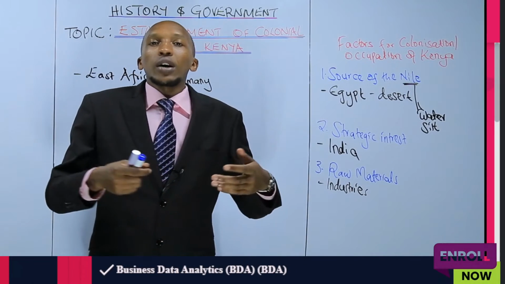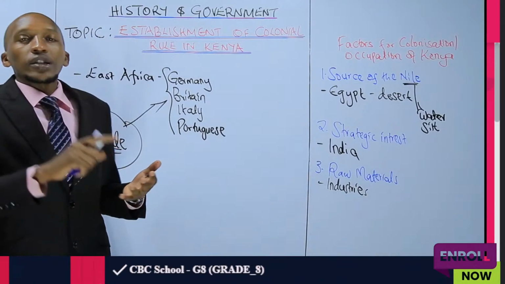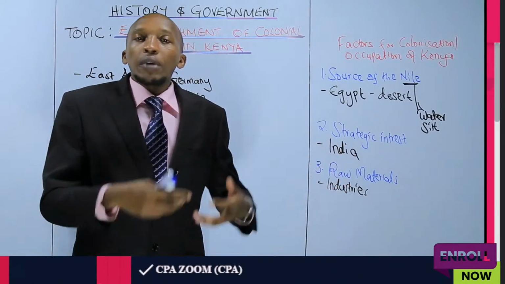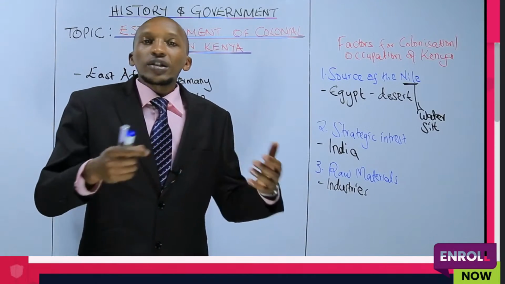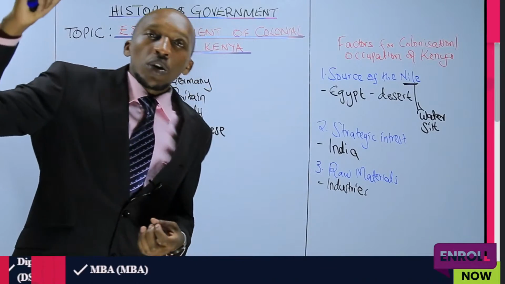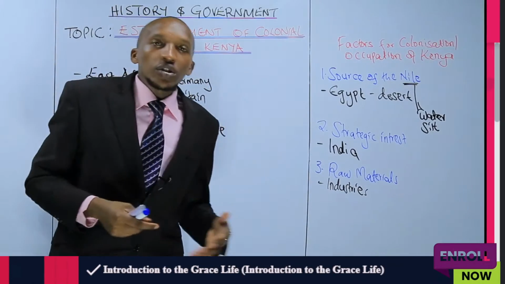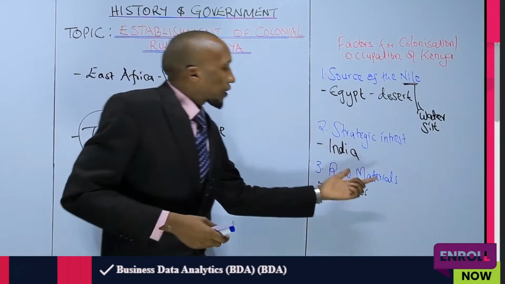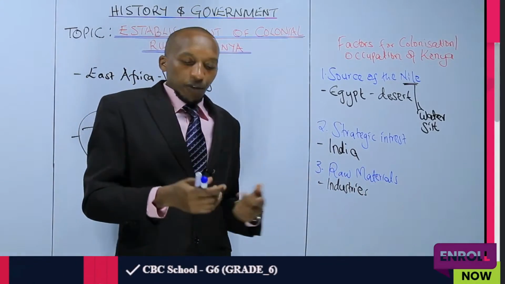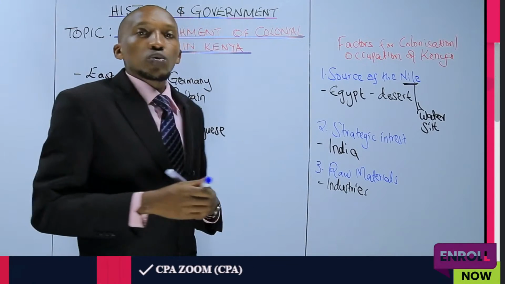Examples are cotton, there is tea, right? They could come and get these plantations and get these minerals and then export them or take them to Britain for the industries to produce. And then after they had processed the raw materials that had come from Kenya, they also had to look for market.